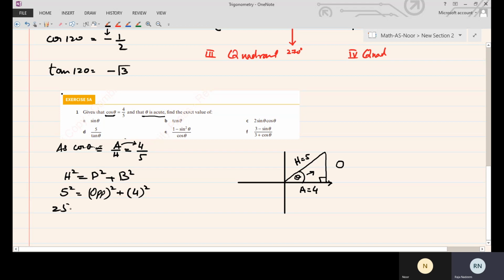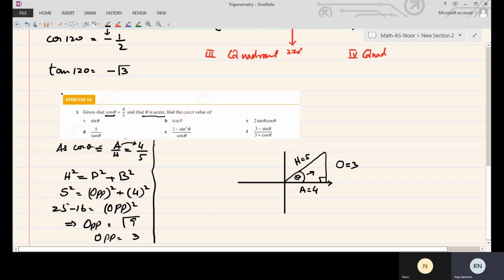So 25 minus 16 is equal to opposite square, which is 9, and when you take the square root, it will give you plus minus 3. As the side length is positive, we'll take the root of 9 as plus 3. Now we have all the three sides of the given triangle.